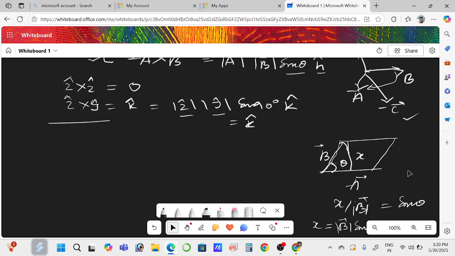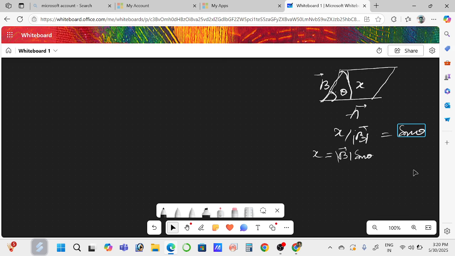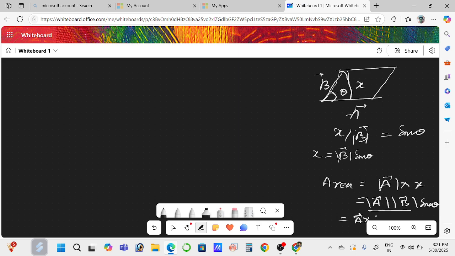Now if you want to calculate the area of the parallelogram, then area is simply the base into height. So this is mod A and this is mod B into sine theta. And area is a vector. So this is mod of A cross B. So actually A cross B gives the area of the parallelogram.